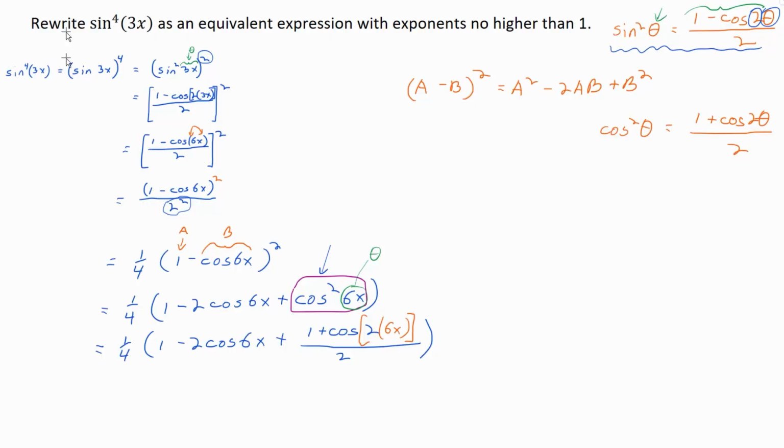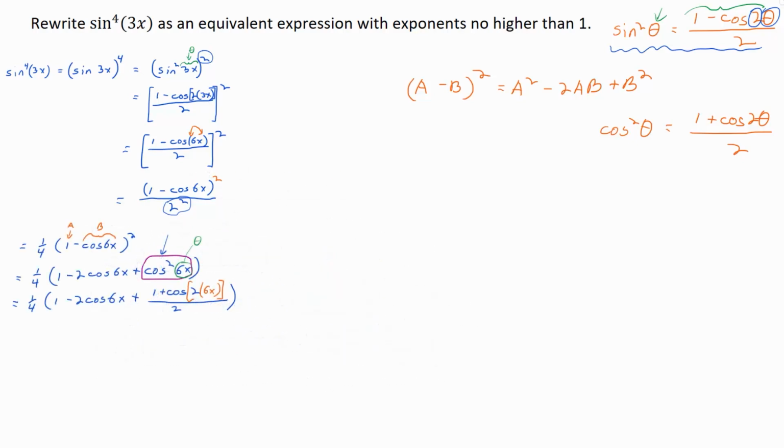And then just rearranging things a little bit, I can go ahead and multiply the 2 times 6x to get 12x, and that's going to be 1/4 times 1 minus 2 cosine 6x plus 1 plus cosine of 12x.